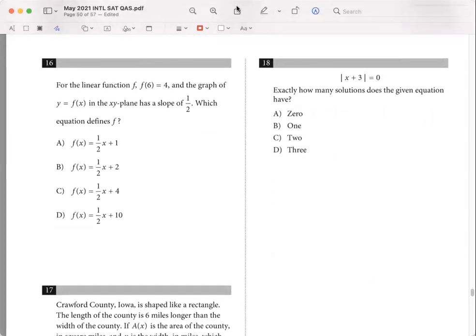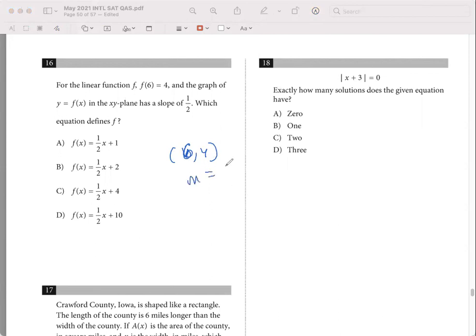Question 16. For the linear function f, f of 6 is 4 and the graph of y is equal to f of x in the xy plane has a slope of half. Which equation defines f? Okay, so we know that 6 comma 4 is a point on the graph because when x is 6, the function is 4.